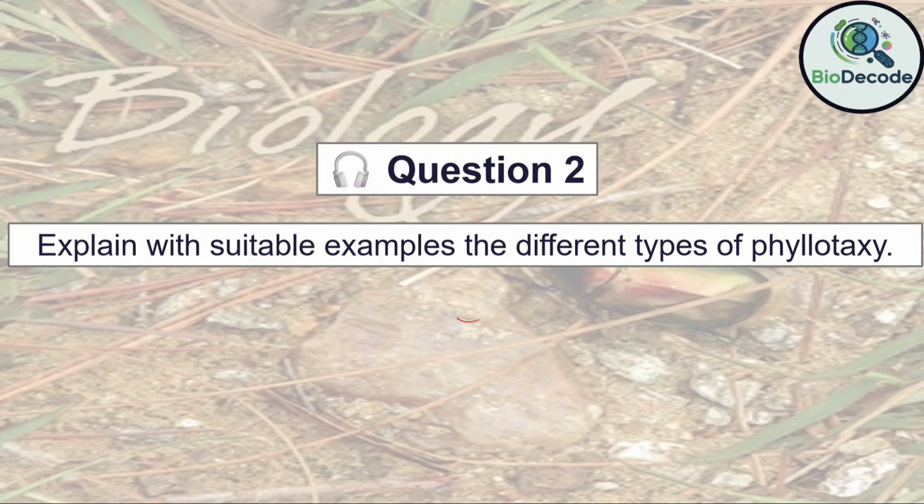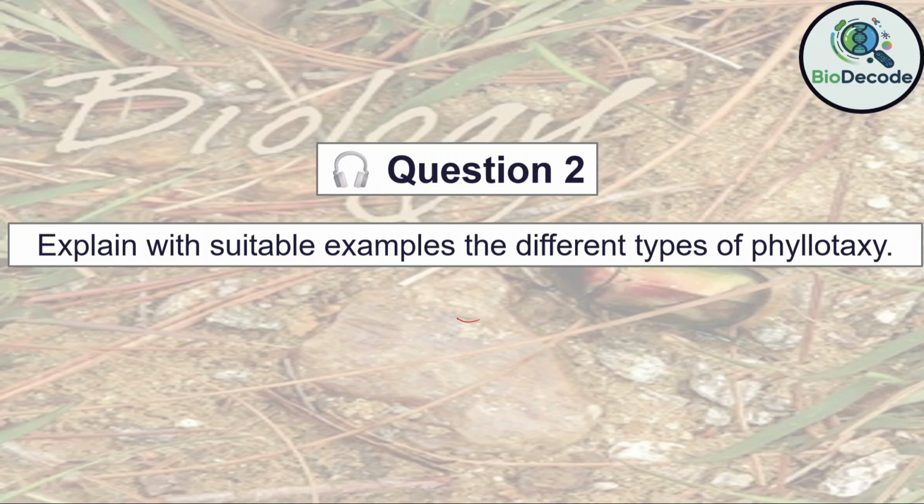In opposite phyllotaxy, two leaves arise opposite each other at the same node, as in guava. In whorled phyllotaxy, more than two leaves emerge from a single node, forming a circular arrangement around the stem, as seen in Alstonia. Second, these arrangements prevent self-shading, ensure effective photosynthesis, and are a key morphological feature used in plant identification.